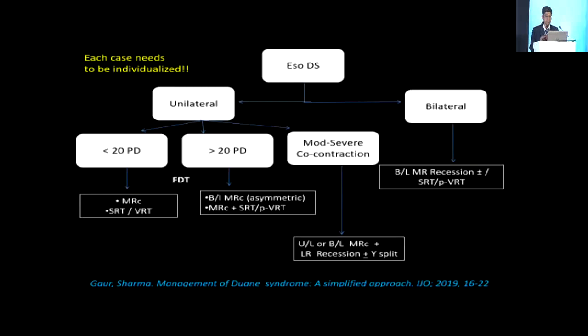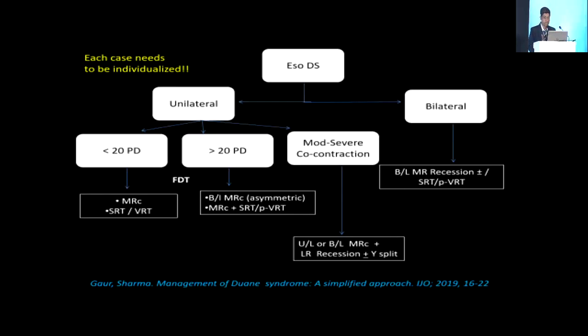Now, this is something that we can overall remember about what we're doing. Options are increasing with time as newer surgical techniques are being discussed. But if you have a small esotropia to start with, you can do a small medial rectus recession, or you can do a vertical rectus transposition, an SRT, IRT, or a split vertical recti transposition. If the angle is more, you may have to do both.